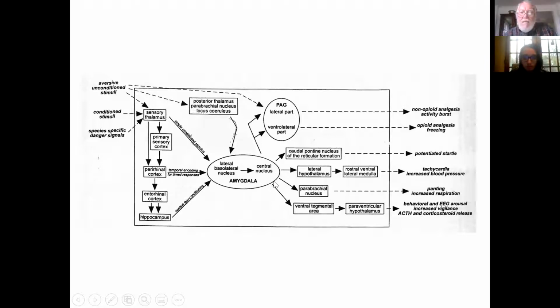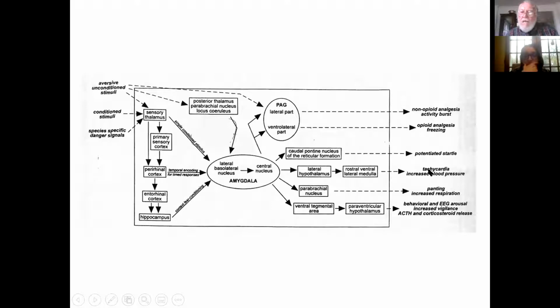We also then get the parabrachial nucleus, which is then involved in things like panting, increased respiration, some degree of alertness. Then the central nucleus activates the lateral hypothalamus and eventually goes down into the rostroventrolateral medulla. And of course, that together with the nucleus tractus solitarius projections to the ventrolateral medulla will result in what?